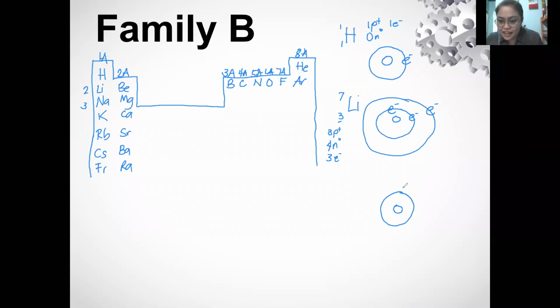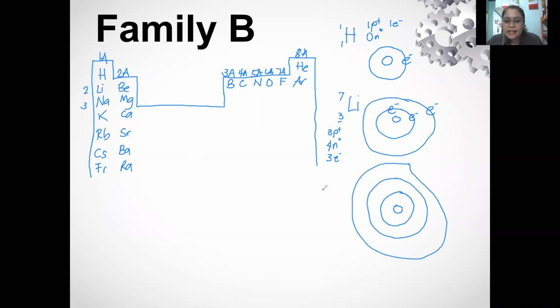Again, it has one, right? And then second, and then third. Now, sodium, class. Sorry, it's really hard to draw here. But anyway, we have atomic number for sodium is 11, and then its mass number is 23.